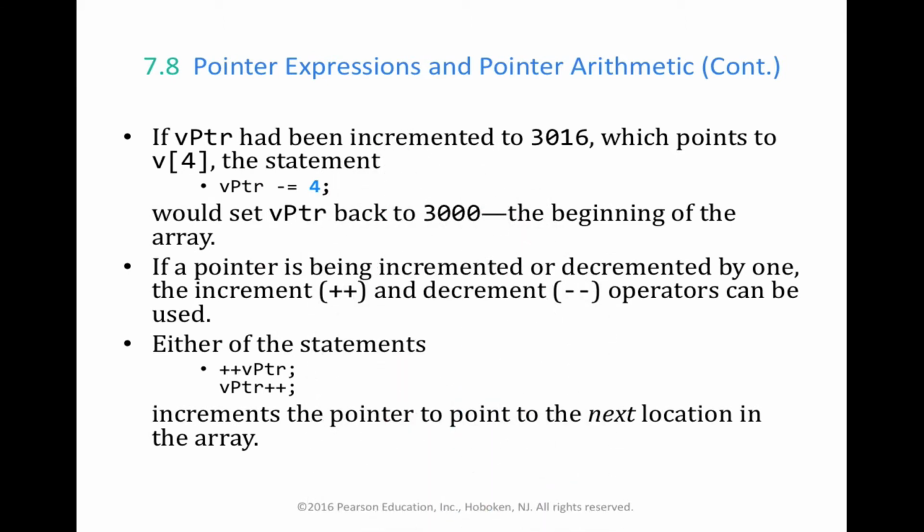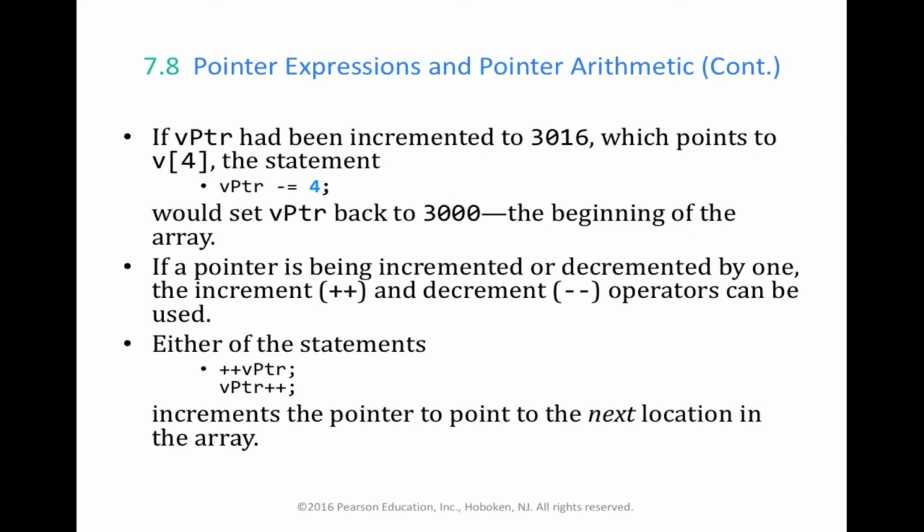If vptr had been incremented to 3016, which points to index 4, the statement vptr -= 4 would actually set vptr back to the beginning of the array. If a pointer is incremented or decremented by 1, we can use the increment and decrement operators.